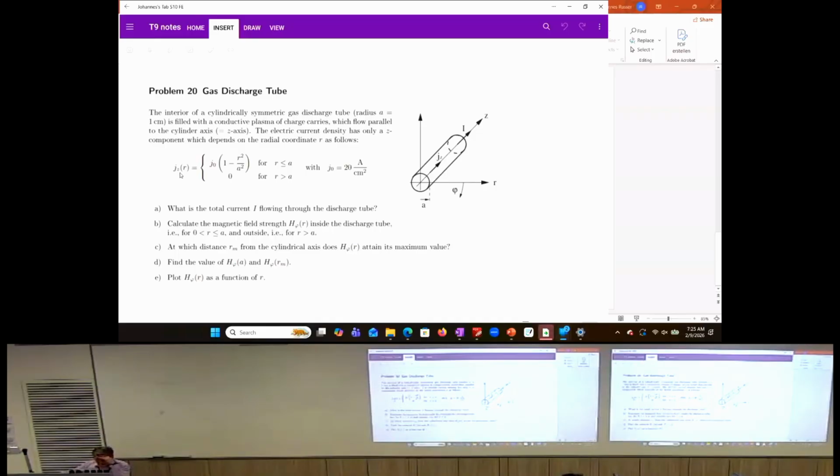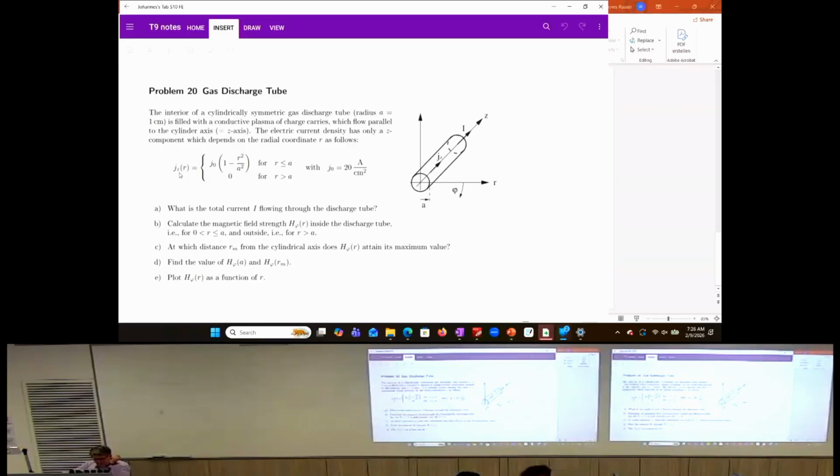So what does the problem sound like? That is the interior of a cylindrically symmetric gas discharge tube with a radius a equal to 1 centimeter, filled with a conductive plasma of charge carriers, which flow parallel to the cylindrical axis, which is the z-axis. And the electric current density has only a z component, which depends on the radial coordinate r as follows.